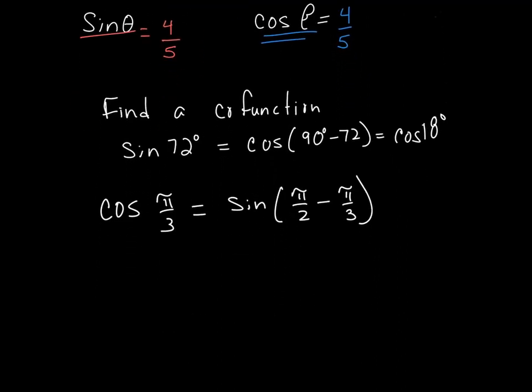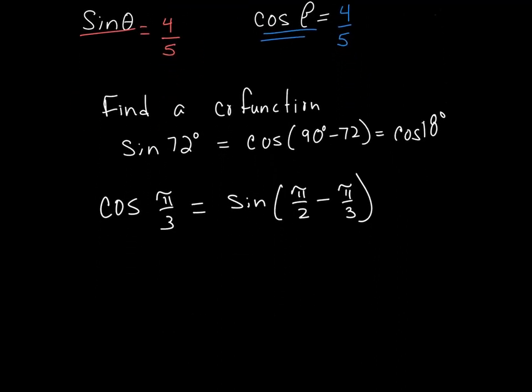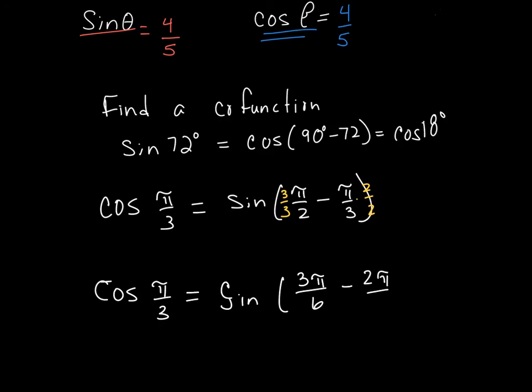You do need to find a common denominator, so I multiply the top and bottom of one fraction by 3 over 3, and this fraction gets multiplied by 2 over 2. I am now left with the cosine of pi over 3 having the same value as the sine of 3 pi over 6 minus 2 pi over 6, or the sine of pi over 6.